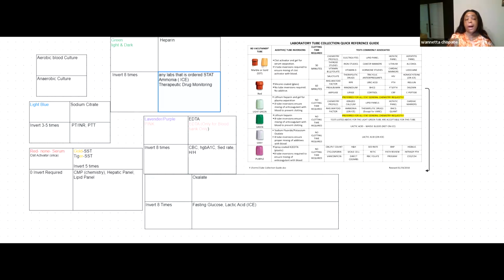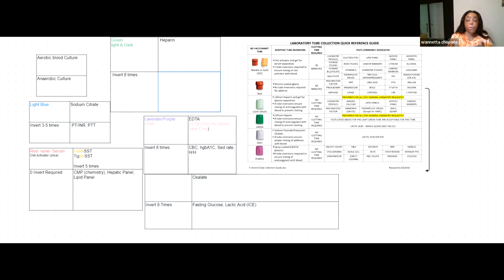So when you look at my little four-way cube here that talks about the green tubes, you'll see it says any lab test that is ordered stat. Now, moving forward, I told you I was going to give you 3 most common tests.